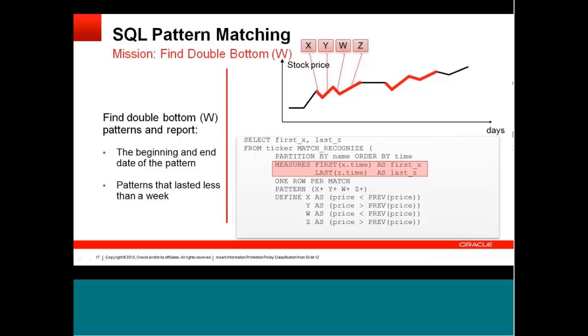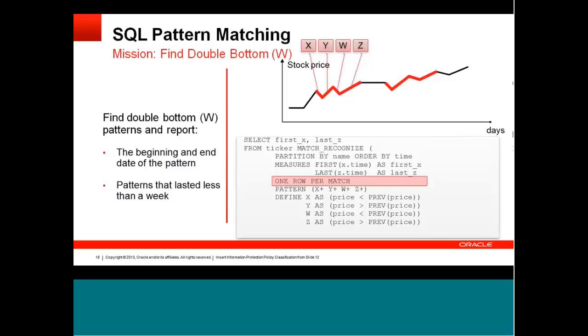So first of X time will always save the value when the pattern started, and last of Z time will hold the value of the pattern end. So this is required to find the time duration within which the stock existed. So you can apply functions like subtotals, let's say count, running totals, or moving averages in this measures clause.